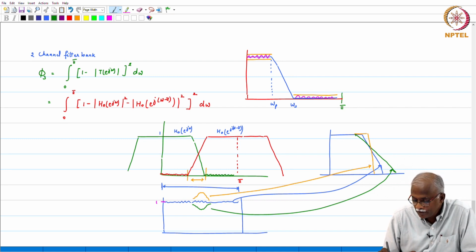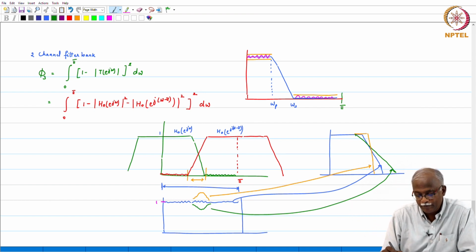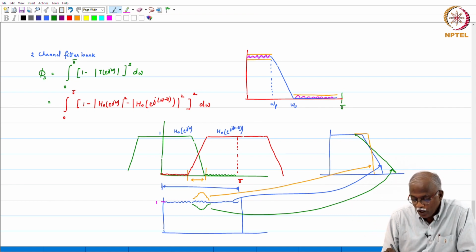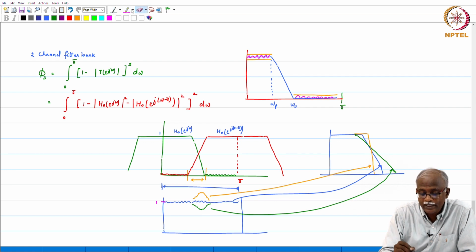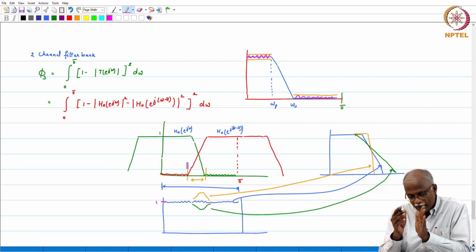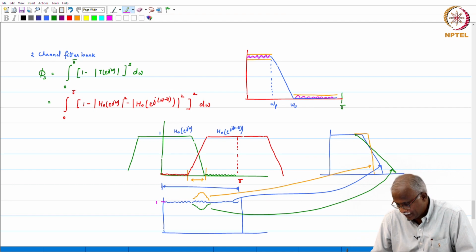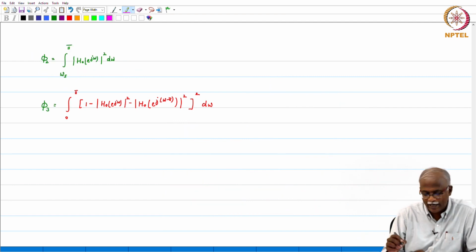Notice the stopband, when you shifted it by π, now overlaps with the passband. So as long as we have optimized the stopband of the filter H naught, the shifted version will ensure that this is small in this region, and therefore the passband has very little ripple, or is as flat as possible.